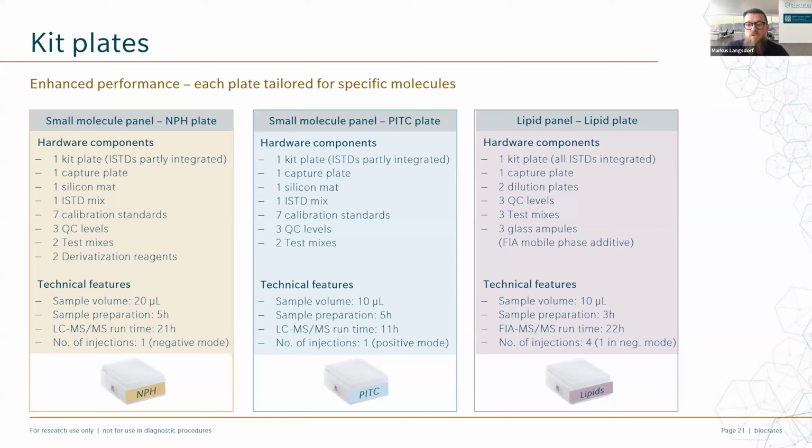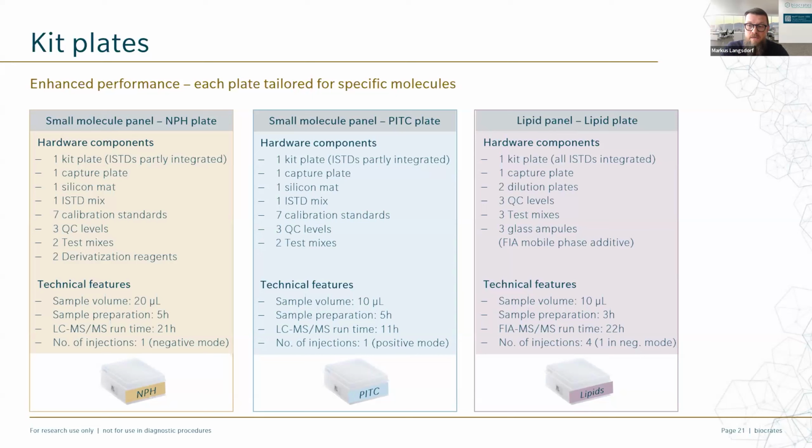So what do we mean with enhanced performance? Let me give you 2 examples. The fatty acids that were analyzed on the PITC plate earlier, but not derivatized, are now analyzed with the NPH plate, which runs in the negative ion mode, and all the fatty acids are now derivatized. And that means better signals and more robust performance.